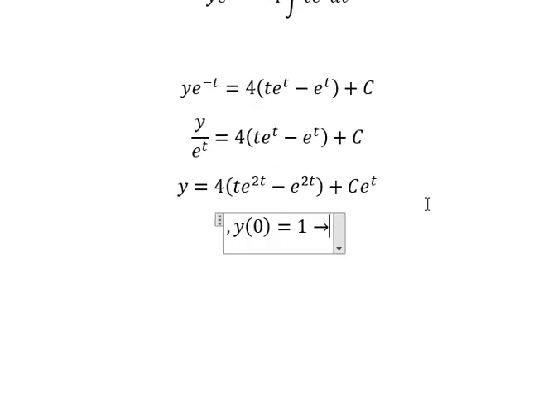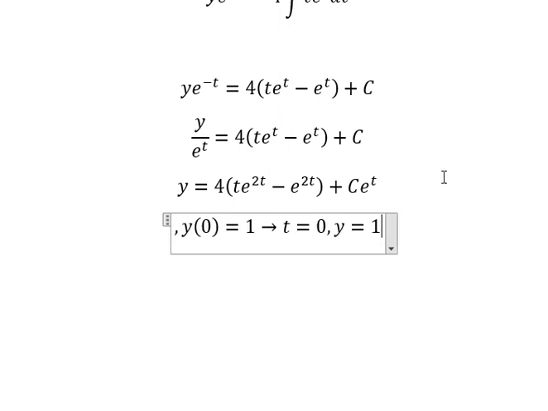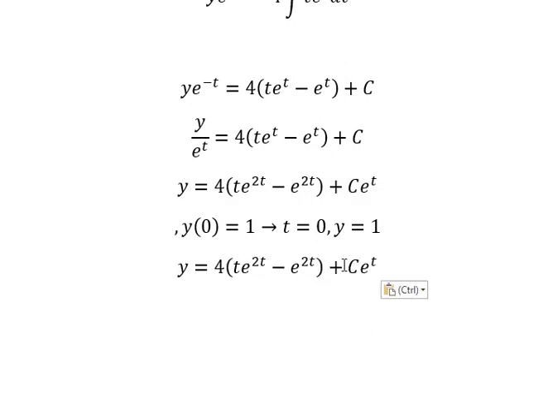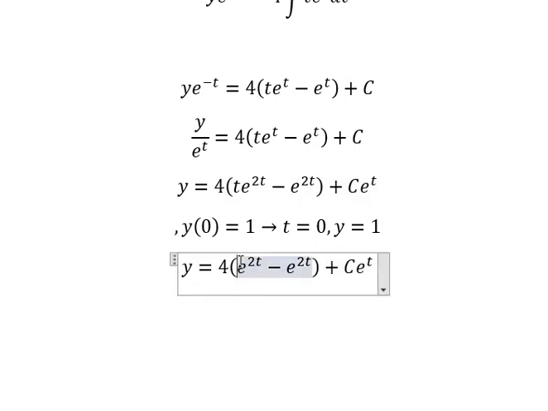That means when t equals 0, y equals 1. So I will put 0 here and here and here, and 1 in here.